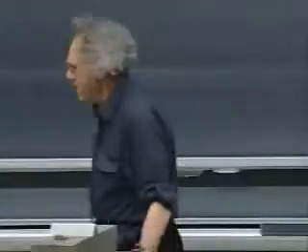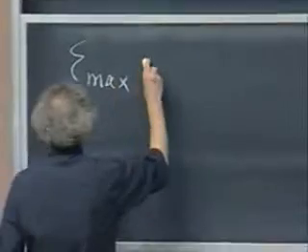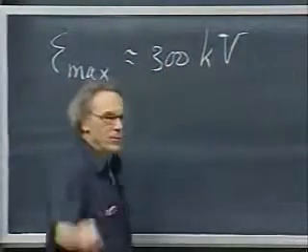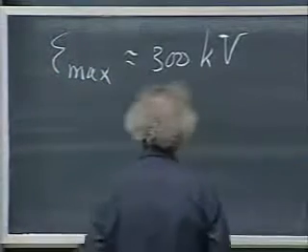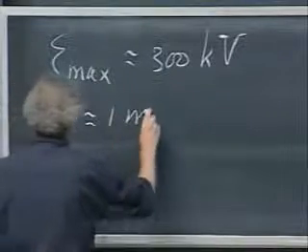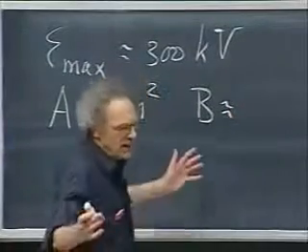So, if we look at a power station, as we discussed earlier in this course, and let us suppose, to get some numbers, that the maximum EMF that the power station produces, let's say, is 300 kilovolts, which it puts on the line. And let's say we have loops that have an area of about 1 square meter, and that they use magnetic fields which are, let's say, half a Tesla.